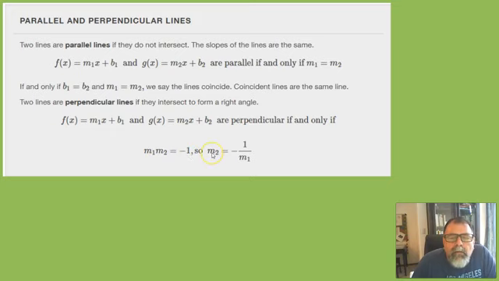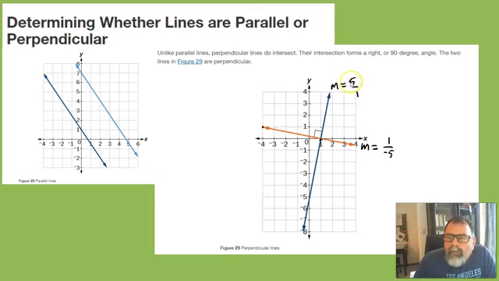So m2, slope 2, is the negative reciprocal of slope 1. That's how you read that notation. For instance, if m1 is 5, then m2 would be -1/5, which is basically the case we just did.